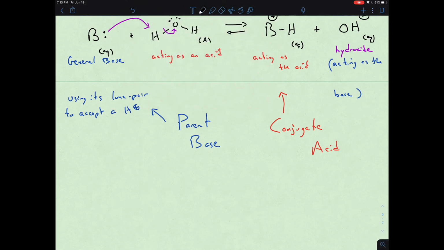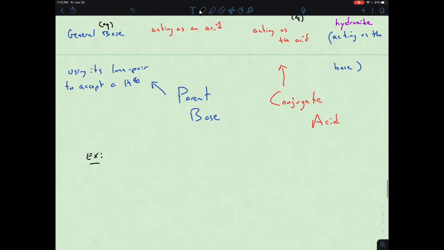As an example of some of these, we could have a table such as acid, base, and then conjugate acid and conjugate base.